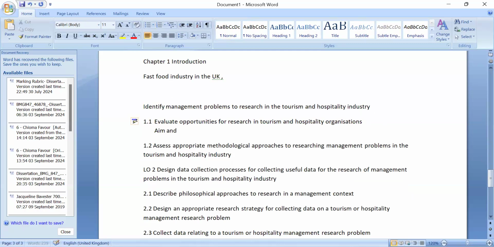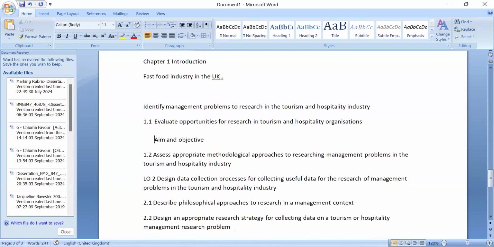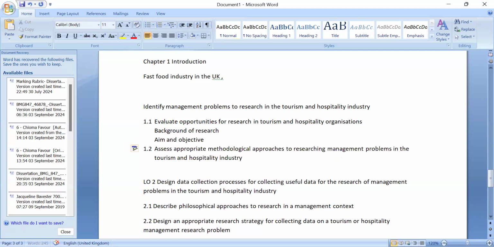And then of course we can look at the objective, and you can write about the scope, and secondary.